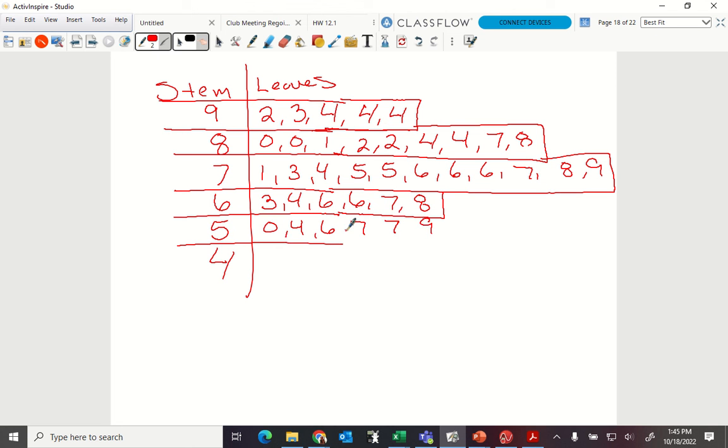Yeah. Okay. And the 40s? There we go. So now we have a sideways box, right? We clearly see we made a box out of this using stem and leaves. Does that make sense? Okay, good.